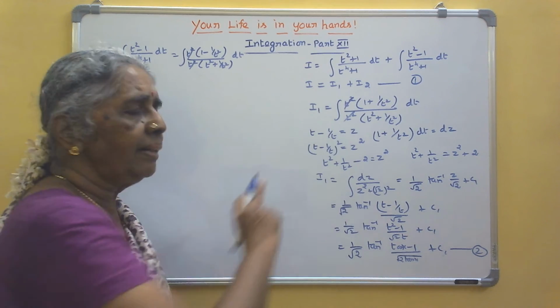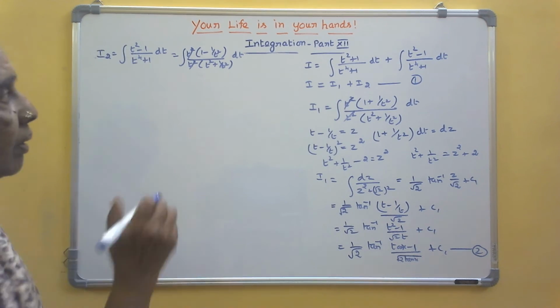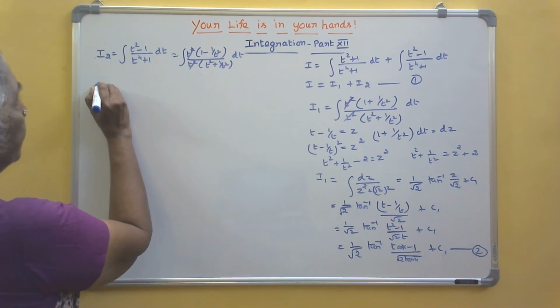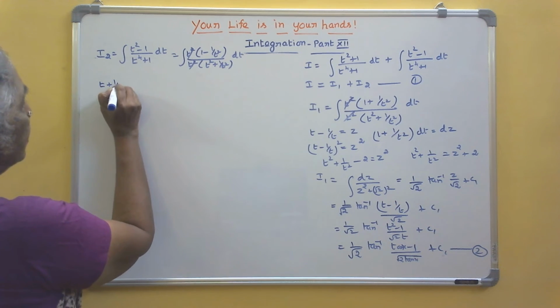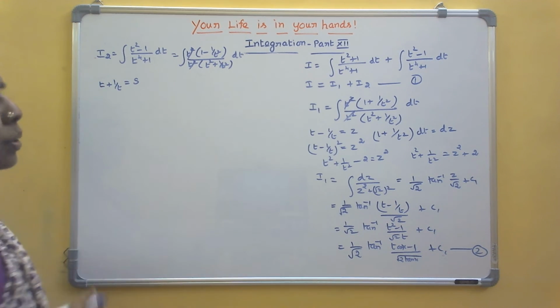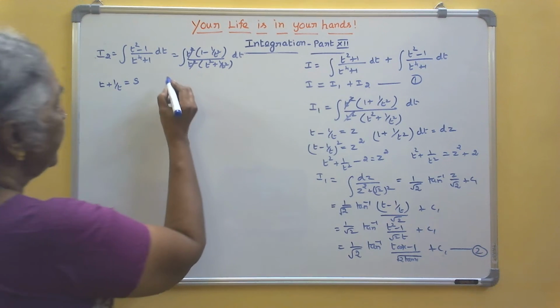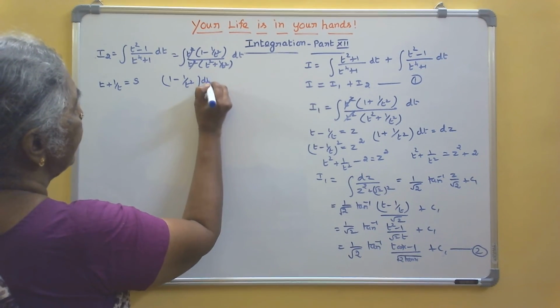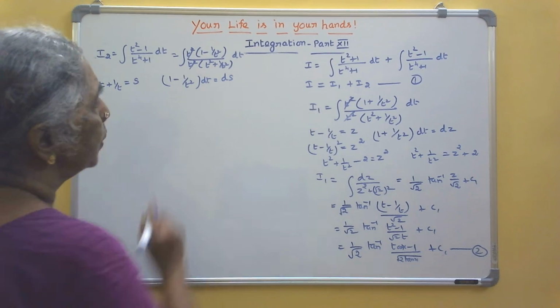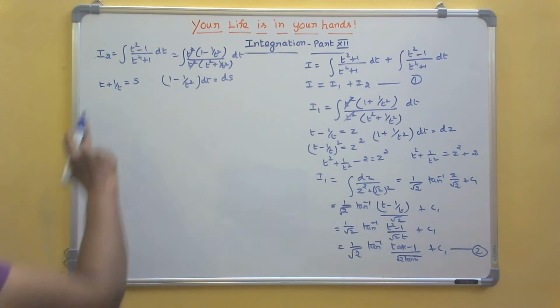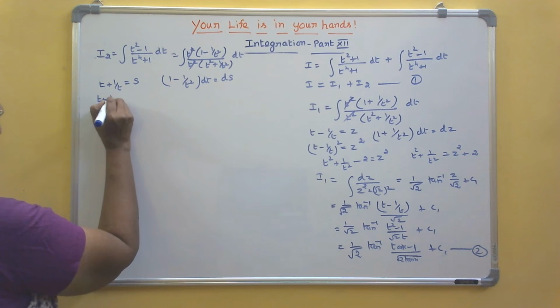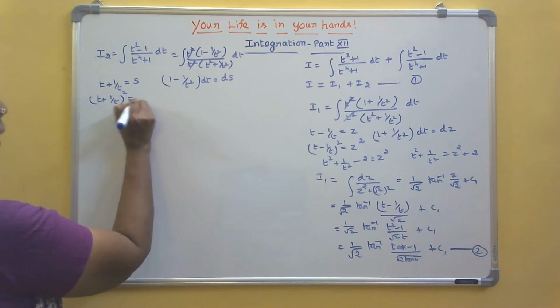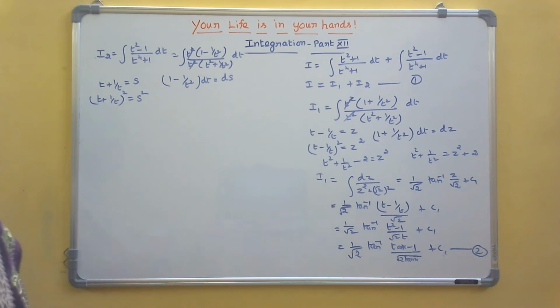Here you have a z, so substitute some other letter. So now I will write t plus 1 by t, let it be equal to s. When I differentiate, I will get 1 minus 1 by t square dt, that will be equal to ds. Then square it. t plus 1 by t the whole square is equal to s squared. Okay.